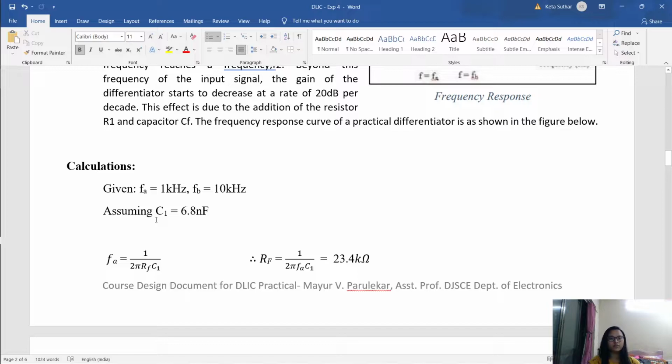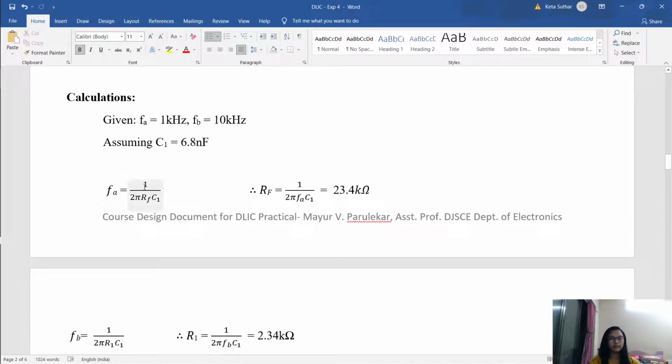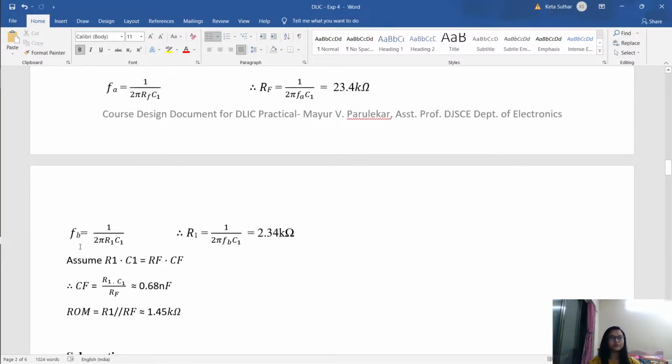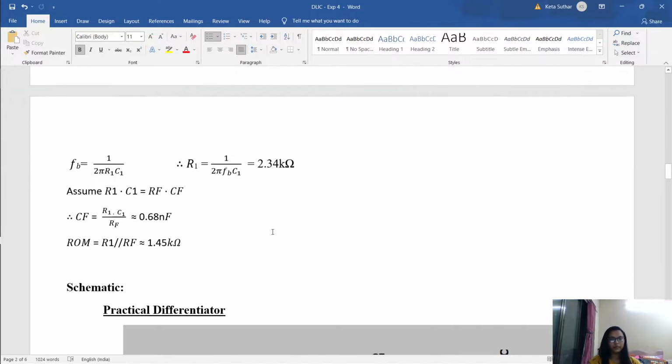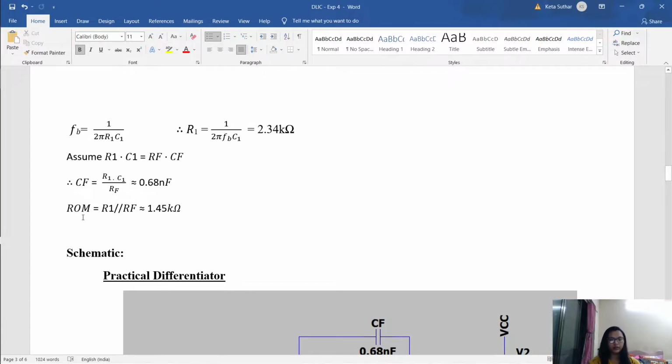If I assume C1 to be 6.8 nanofarads, FA is 1 upon 2 pi RF C1 and FB is 1 upon 2 pi R1 C1. So I get the values of R1 and RF accordingly. If I assume R1 C1 equals RF CF, then I get the value of the feedback capacitance, that is 0.68 nanofarads. ROM is R1 parallel RF.